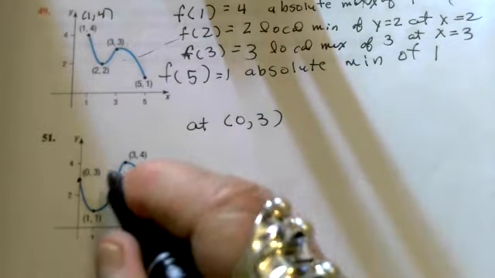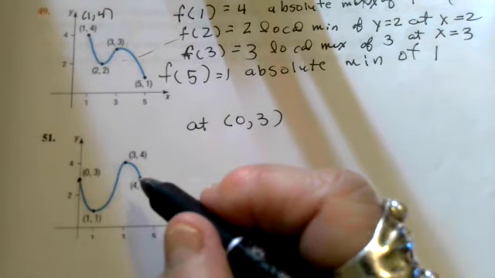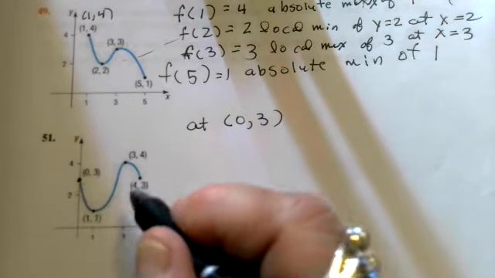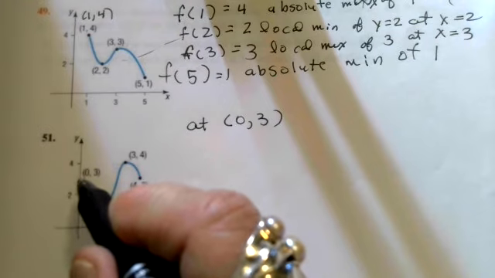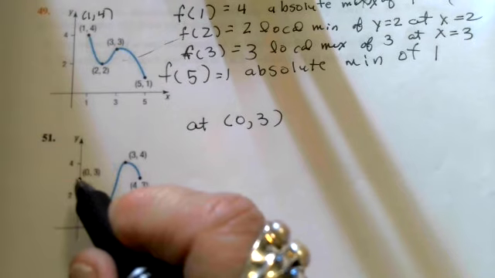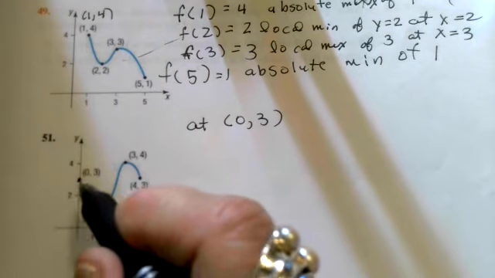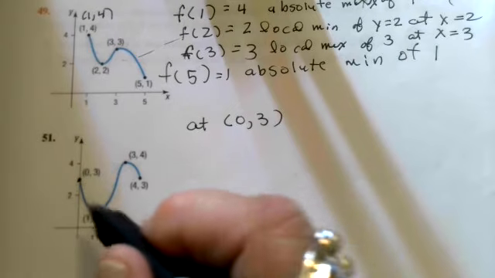The point 0, 3, can't be a local max or a local min because it's at the end point. It's at where the x value ends, basically. So there's nothing to the left to say that this point is higher than the y values to the left and to the right. You can't say that, so it can't be a local max or a local min.